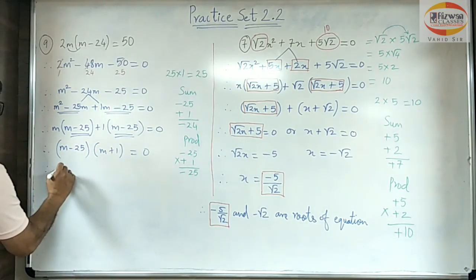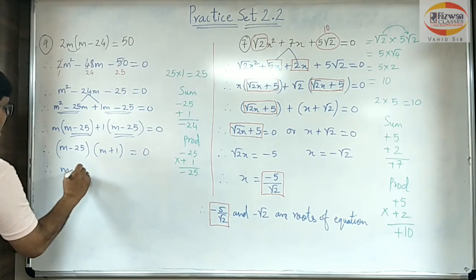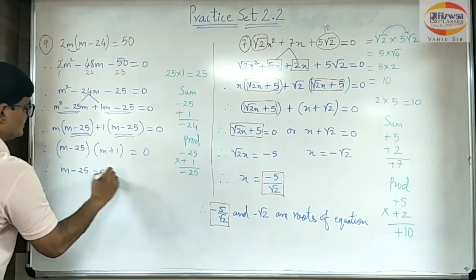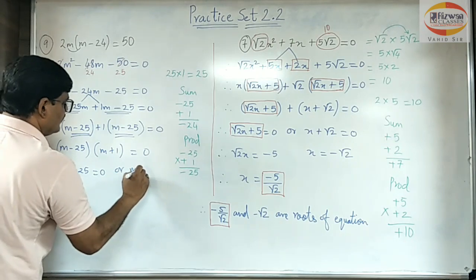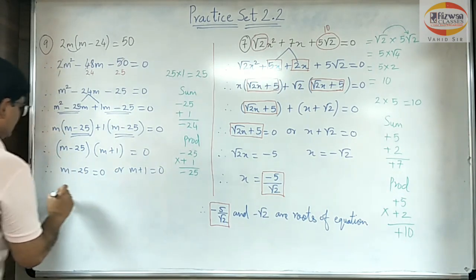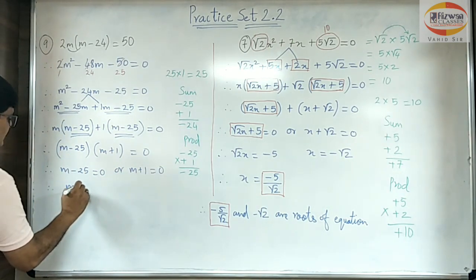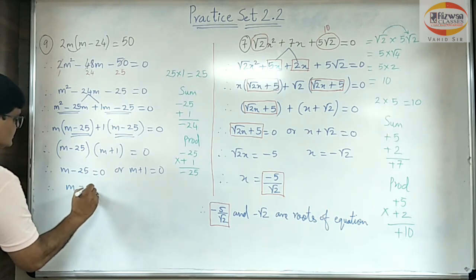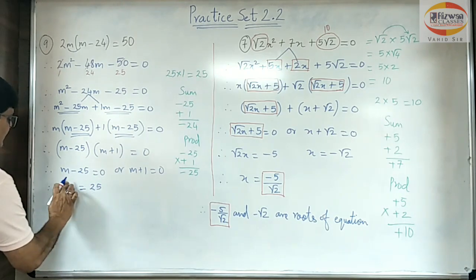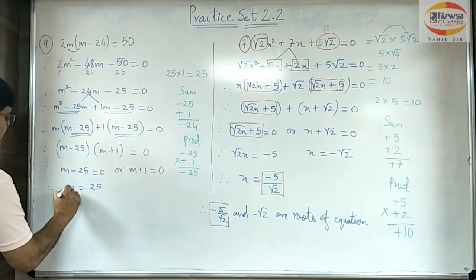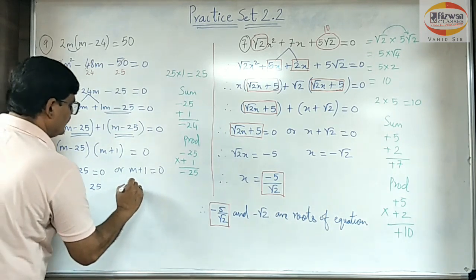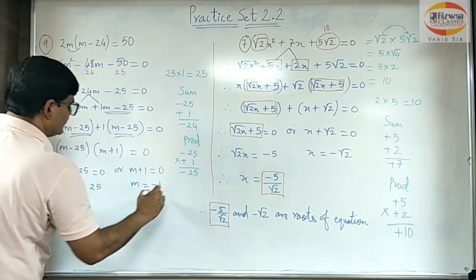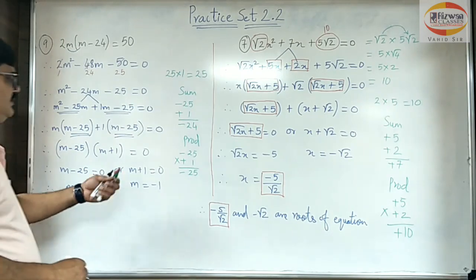So, therefore, you are getting m minus 25 equals 0, or m plus 1 equals 0. Therefore, m equals 25, because minus 25 will become plus 25. And m equals minus 1, because here plus 1 will be minus 1.